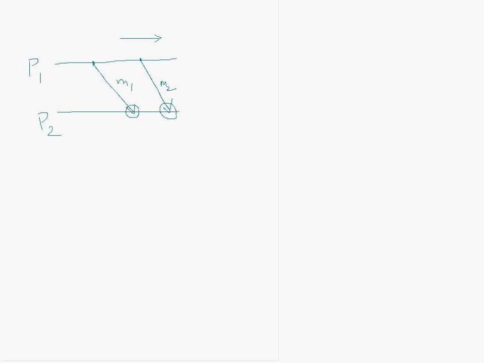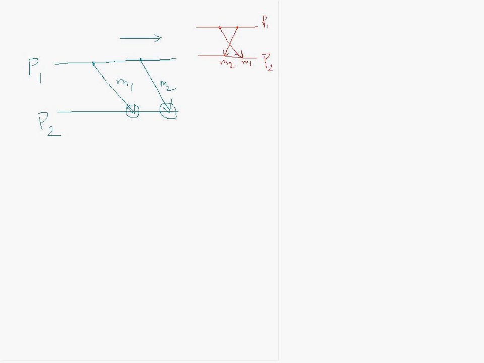But if I draw another diagram for the same communications, let's say this is P1, this is P2, and now your message M1 is sent here and reaches P2 here, but message M2, which is sent here, reaches here. So M2 is received by P2 earlier than M1, whereas M2 was sent after M1 was put into the channel by P1.